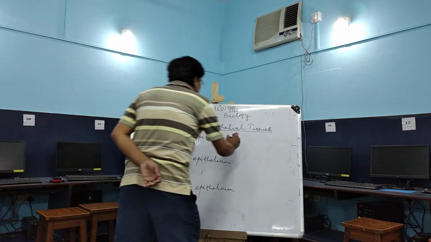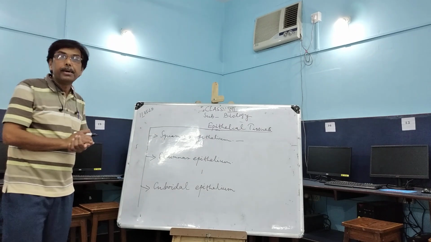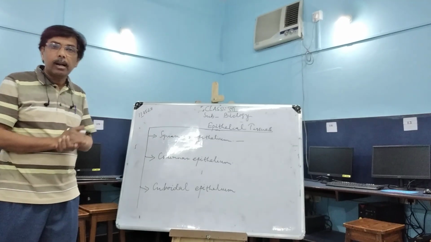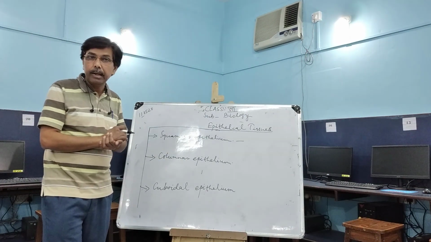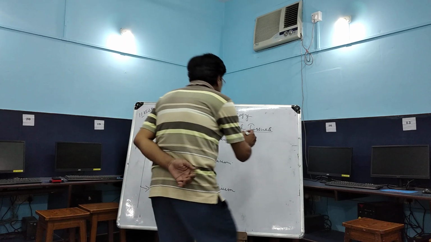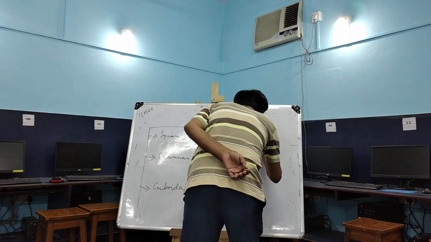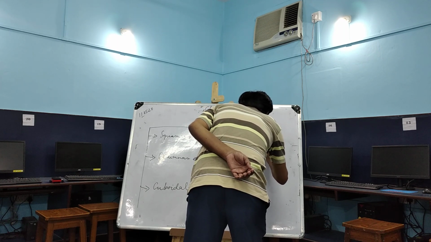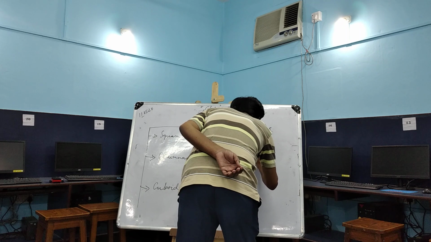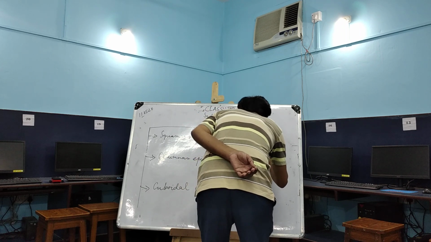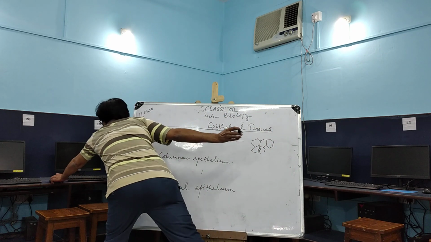So, look first at the squamous epithelium. In surface view, the cells appear flat, hexagonal, or irregular. Hexagonal has how many sides? Six sides. Hexa means six. So, look at this, the surface view.